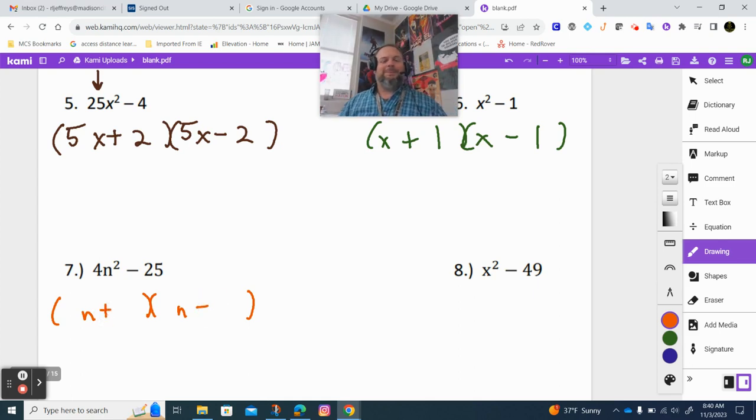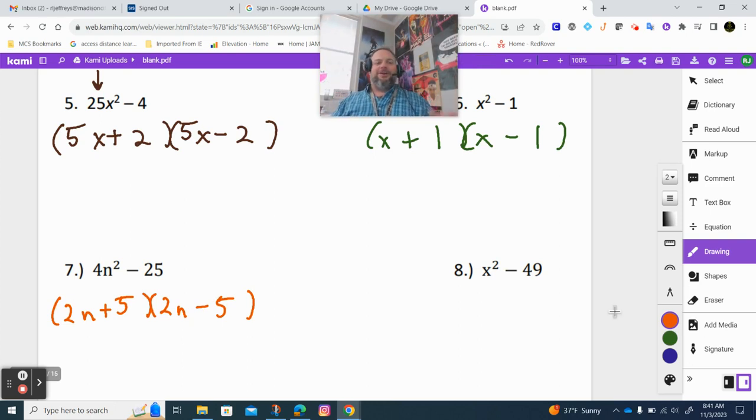All right. What's the square root of 4? 2. What's the square root of 25? All right, I want y'all to look at number 5 and number 7. They're almost the same problem. The numbers are in different places. Right here, the 4 is in the back.